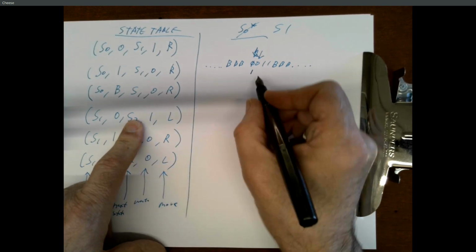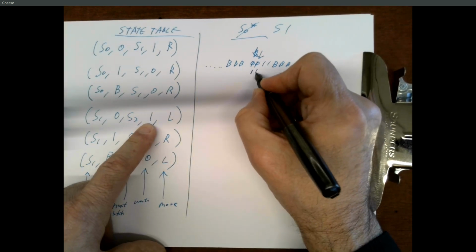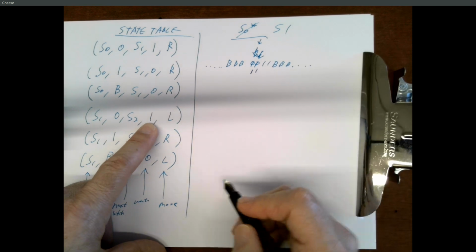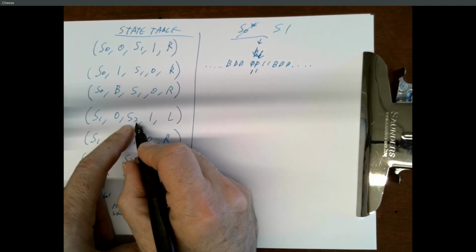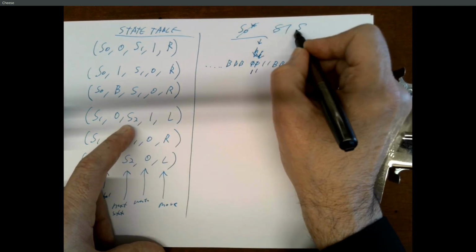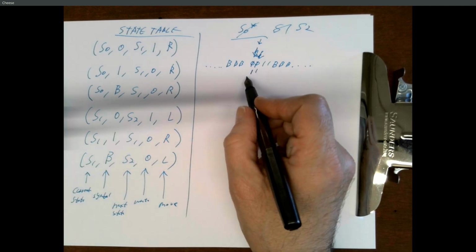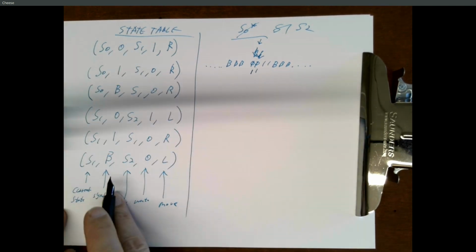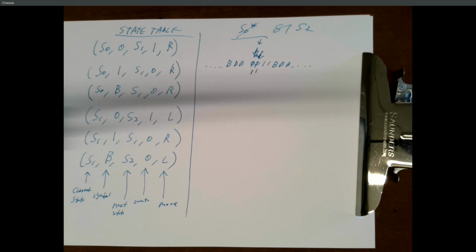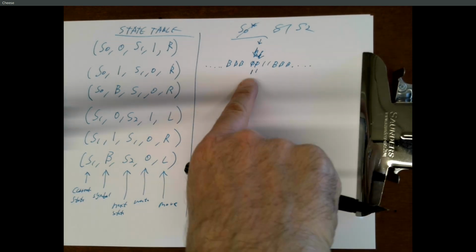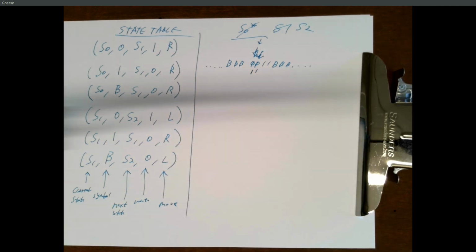It says replace that 0 with a 1, move to the left, and go to state S2. So now we're in state S2 and we have a 1 under the read-write head. We look for a rule that says S2 comma 1. There is none, we halt. Okay, and what this system has done was it changed our 0011 into a 1111. That's all it did.